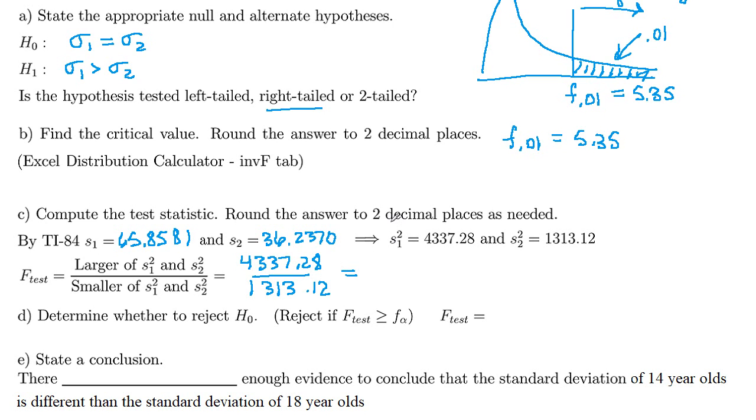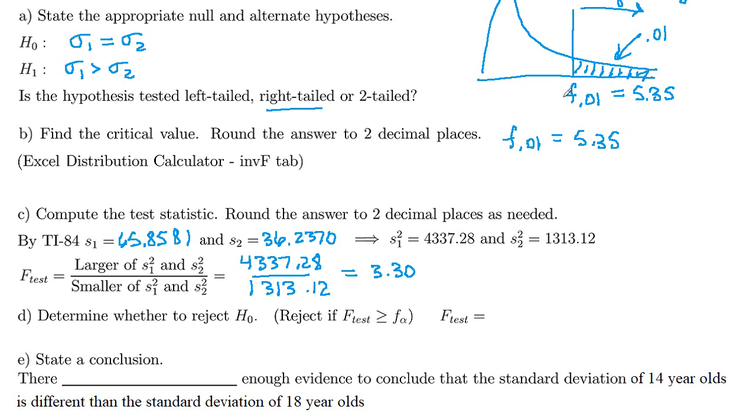And we divide those two and we'll round to 2 decimal places. So when I did that, I got 3.30 to 2 decimal places.